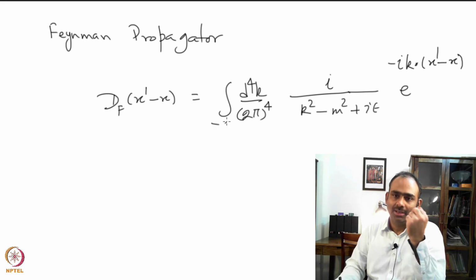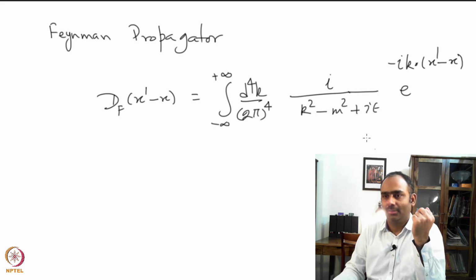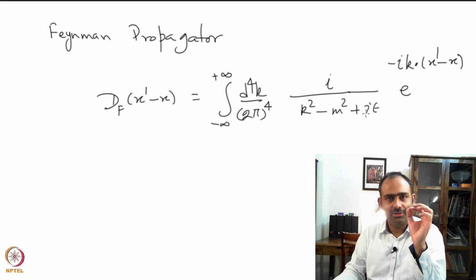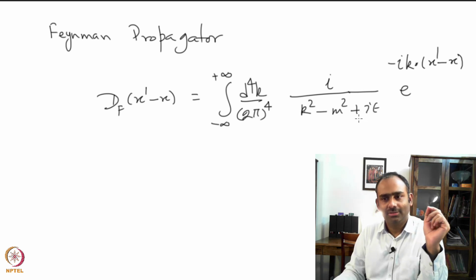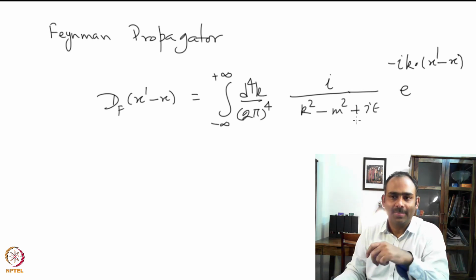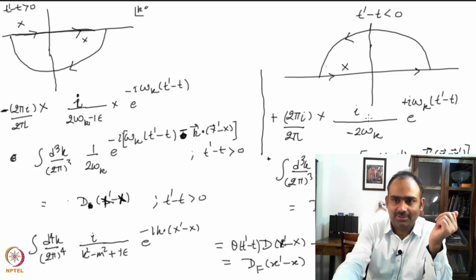Okay. And what the i epsilon is doing is just telling you exactly how you have to close the contour, as I have explained here.